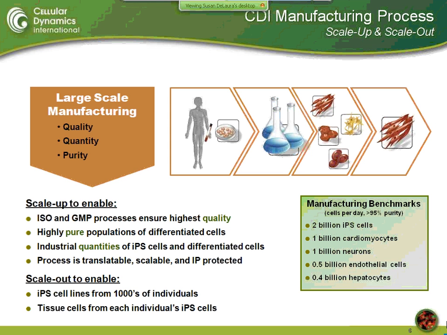What I mean by scaled out is you can make the iPSCs from thousands of different individuals. So you can have a specific disease type that you're interested in, make the iPSCs from that, and then further differentiate them if needed. Therefore you're able to model many different types of diseases that are of interest.